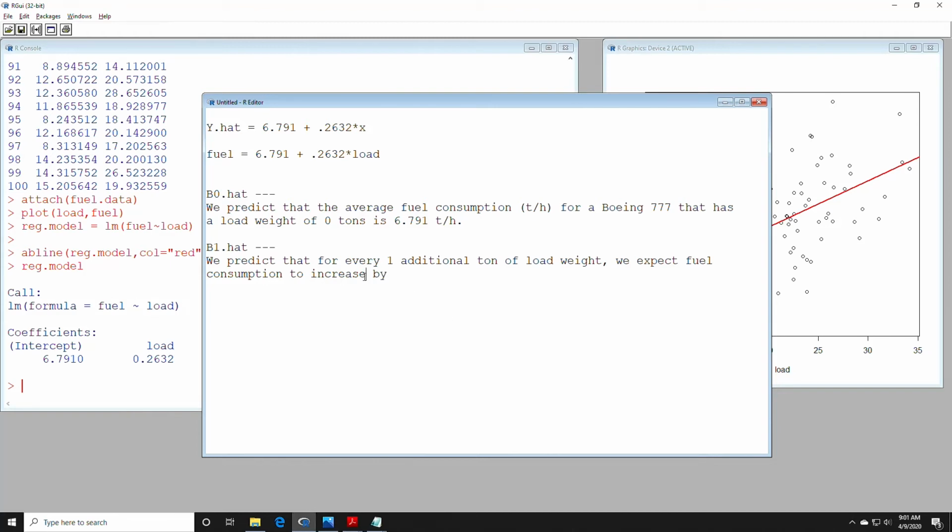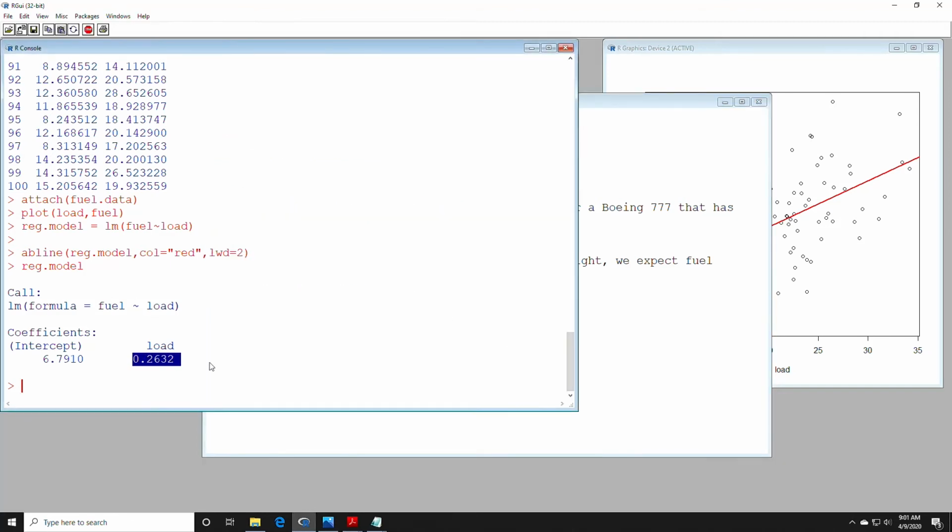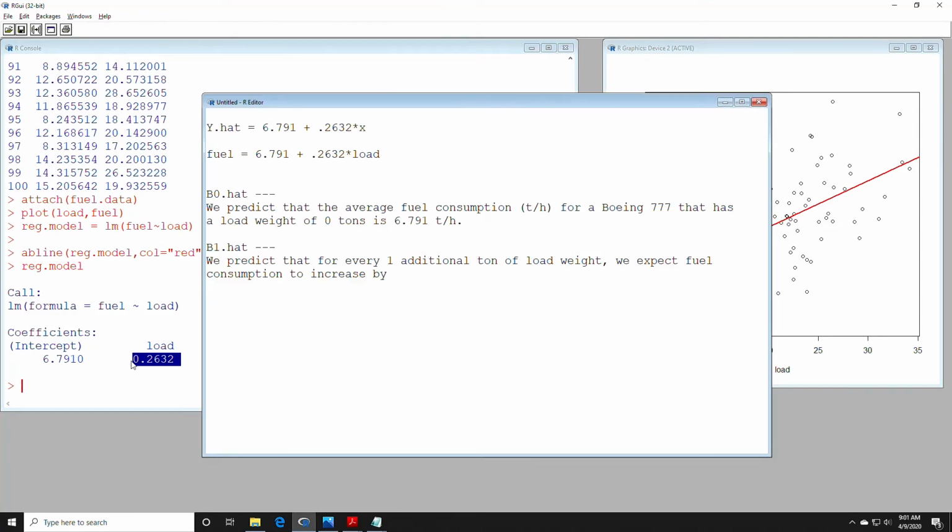And it's increase because the slope is positive. If this was a negative number, then you would simply put decrease, okay?